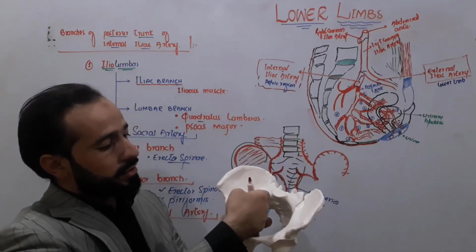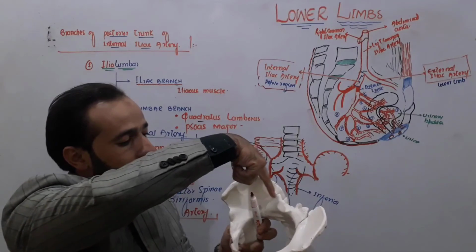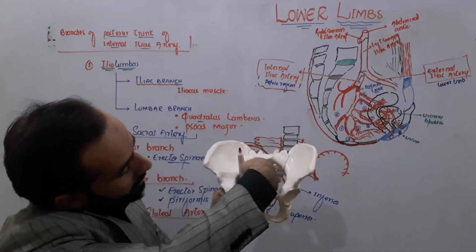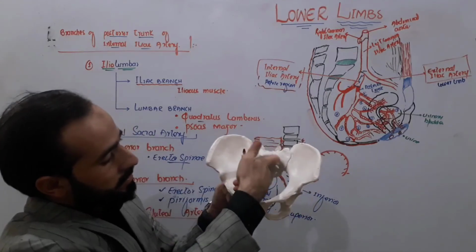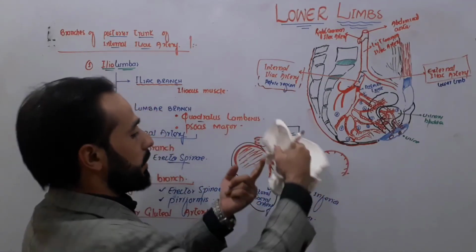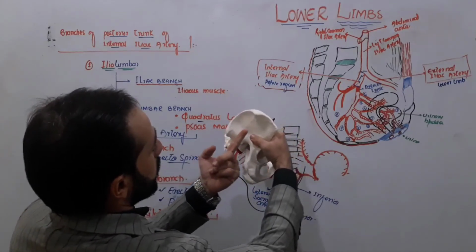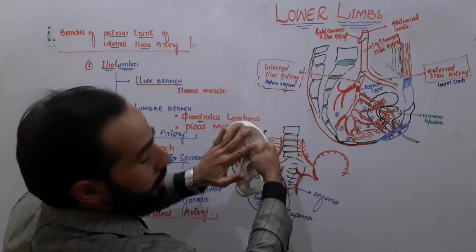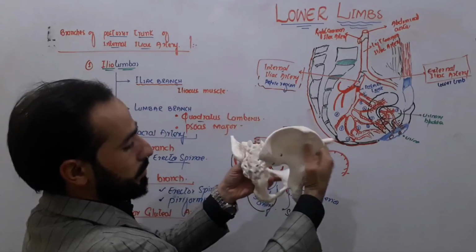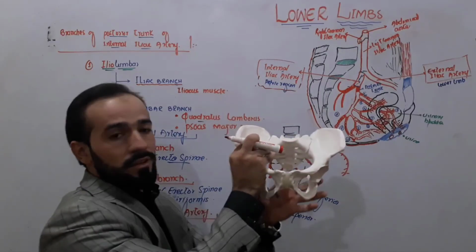Now from this posterior trunk, the first branch goes like this. This is called the iliolumbar branch, right? Then there are the lateral sacral arteries. And then there is another branch which comes posteriorly, like this, and this is called the superior gluteal artery, as here are the gluteal muscles. Look, this is the posterior side and this is the anterior side.